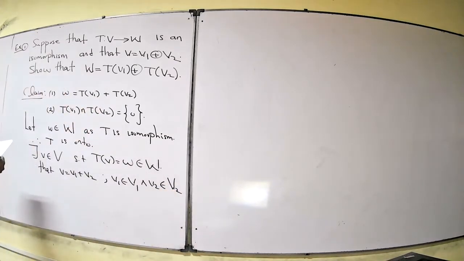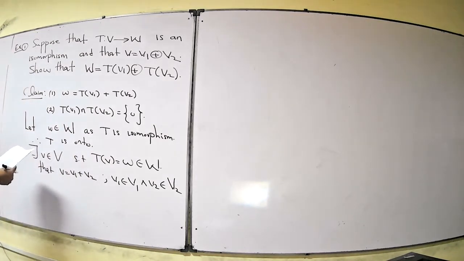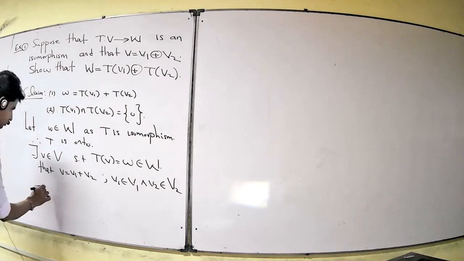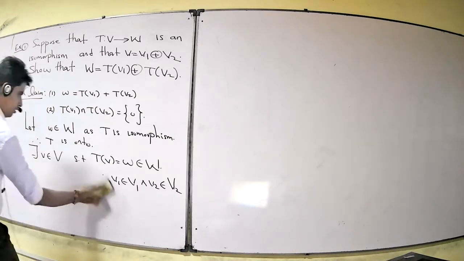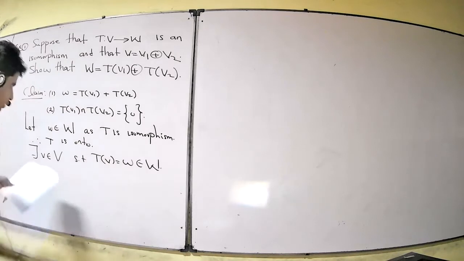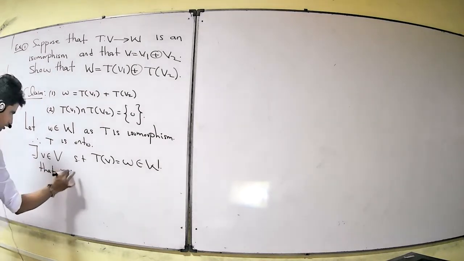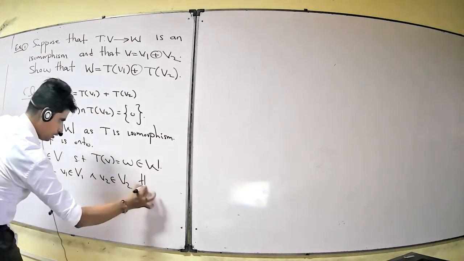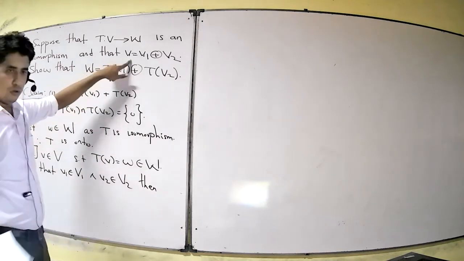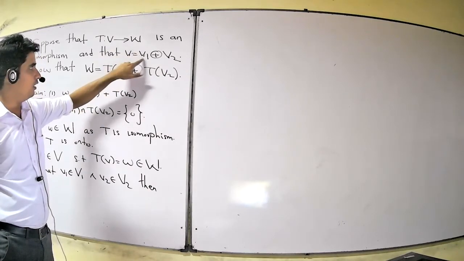Now we have V equal to the direct sum of V1 and V2.